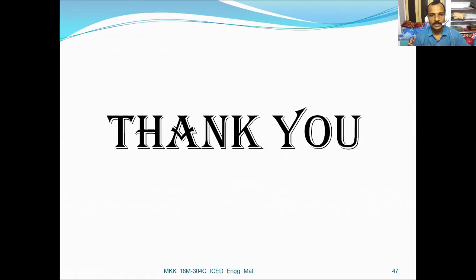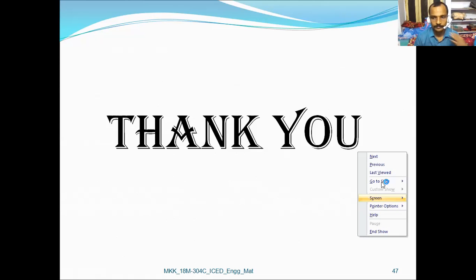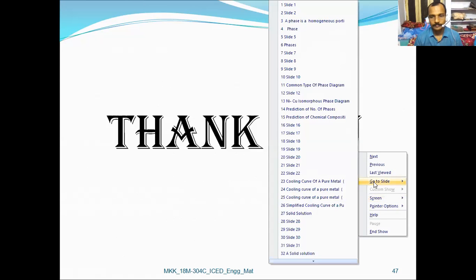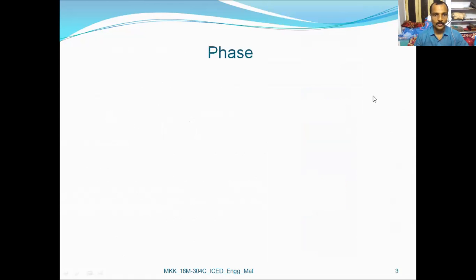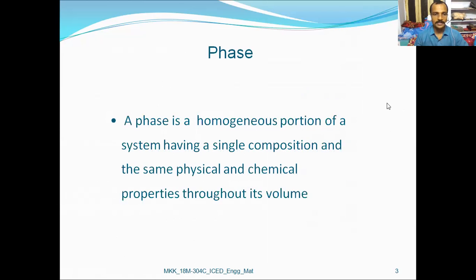So with this, we are completing the topics, but let us have a summary of the topics covered till now. Initially, we started with the phase. What is a phase? We have discussed that a phase is a homogeneous portion of a system having a single composition and the same physical and chemical properties throughout its volume, nothing but throughout the total system.